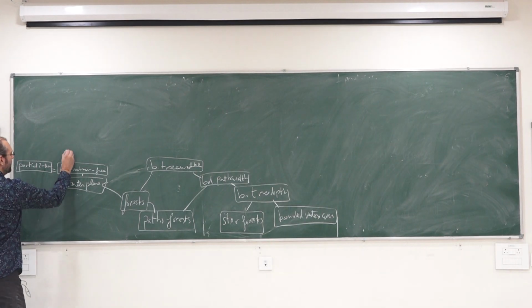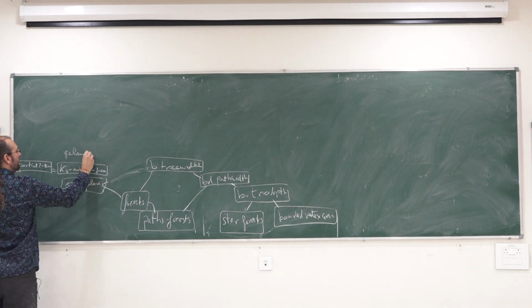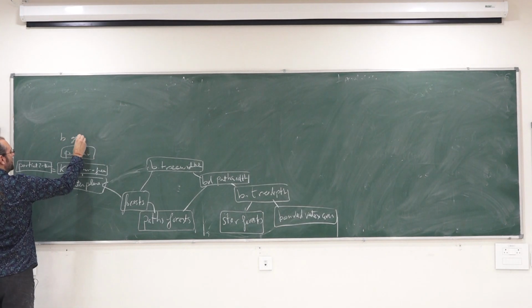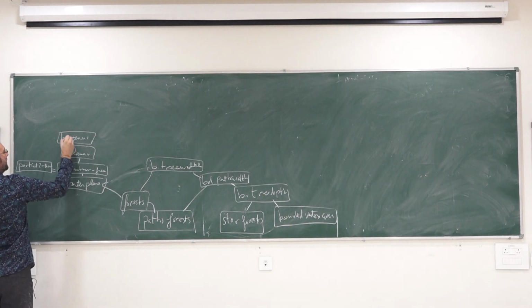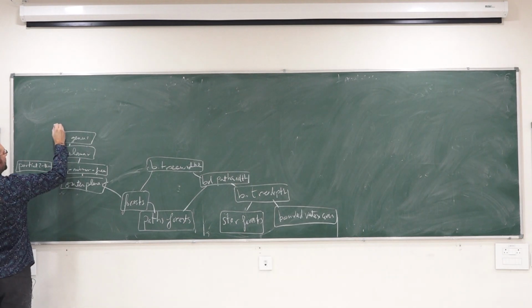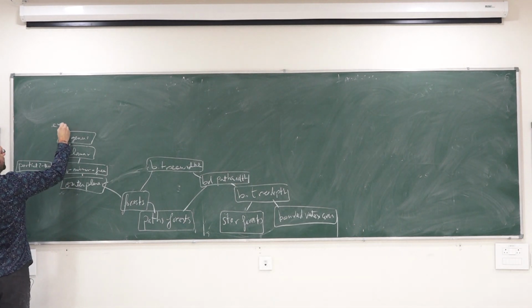Okay, and they are planar. Right? Planar, bounded genus. That we also saw in the lecture. Now we have excluding a minor.